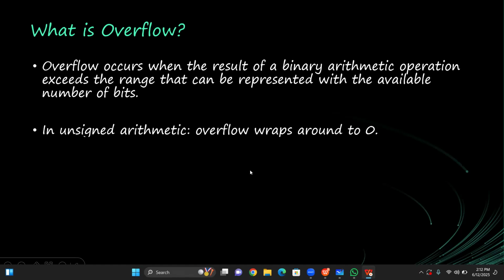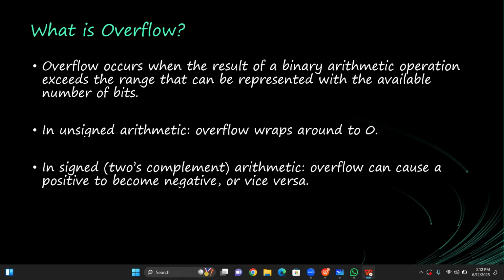Remember, unsigned arithmetic means that we are performing arithmetic operations on unsigned integers. In signed integers, especially 2's complement, overflow can cause a positive to become negative or vice versa.